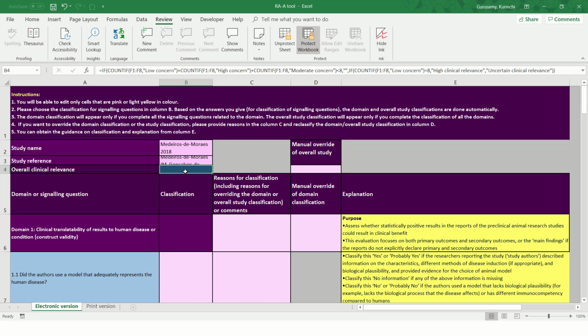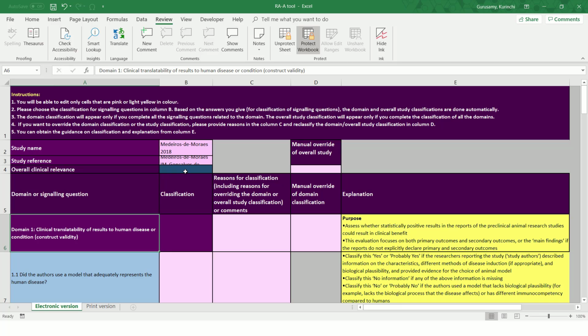Now, overall clinical relevance would be completed once all the domain classifications, either here or here, are completed. So now we go to domain one, clinical translatability, and the purpose of that is in a different lecture, so I'm not going to go through all the details here.